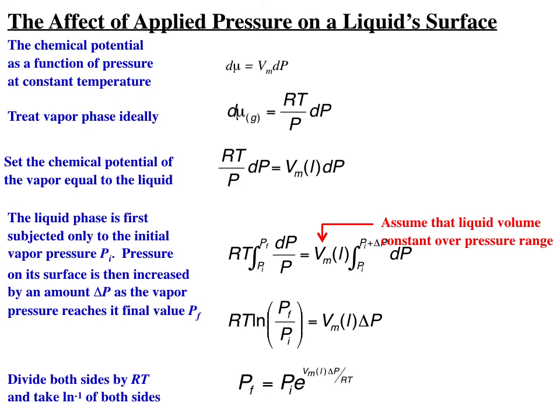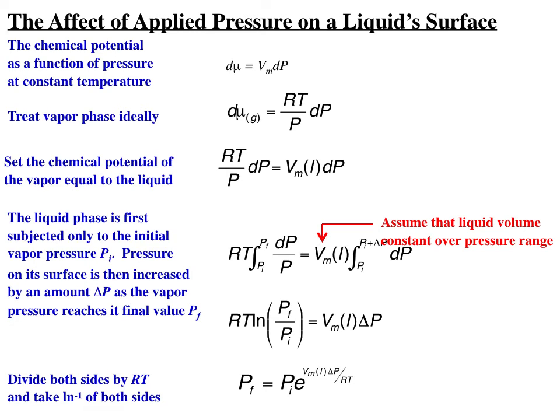Let's look at how the chemical potential can be expressed as a function of pressure change. So I begin with the fact that (dG/dP) at fixed T is equal to V, and then I can express this in terms of the chemical potential from the molar volume. (dμ/dP) at fixed T is equal to Vm.